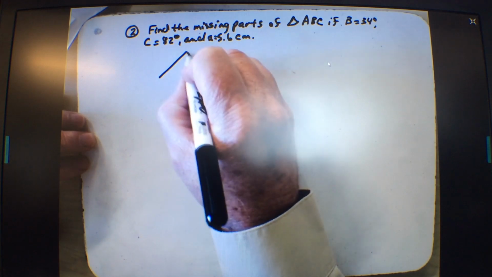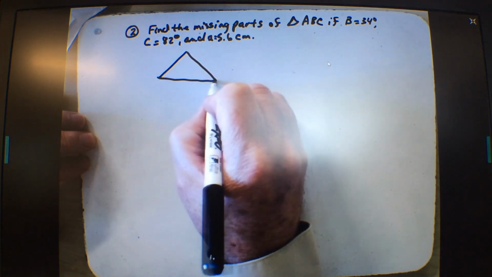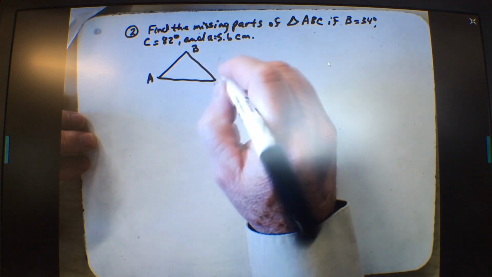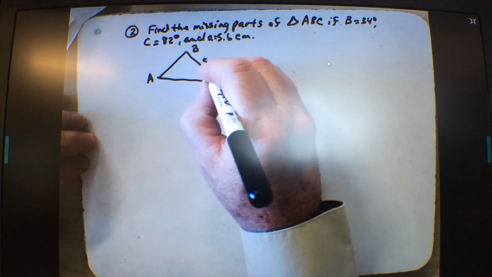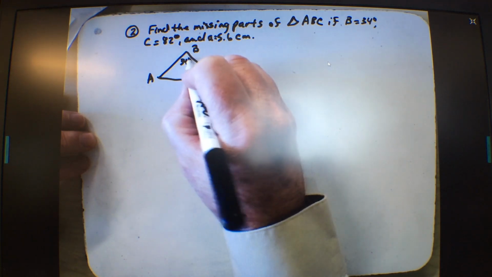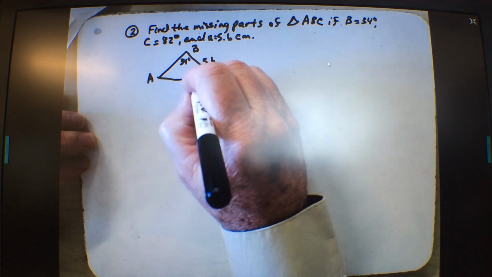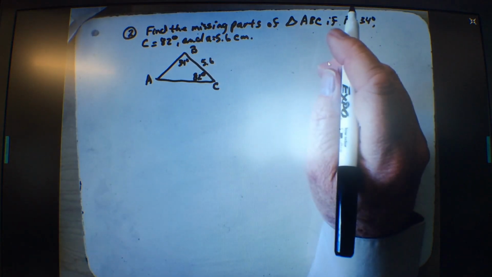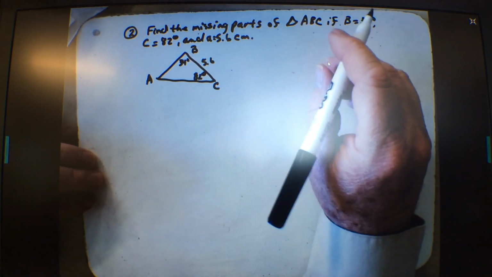So I'm going to go ahead and draw the triangle. Once again, I just draw a triangle, A, B, C. Little a is 5.6, so across from that. B is 34 degrees, and C is 82 degrees, right? Now we have to find all the missing parts, right?